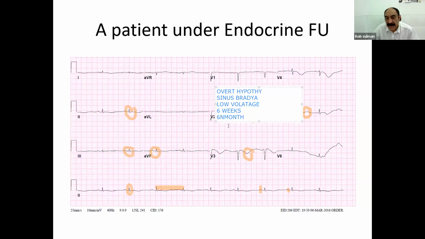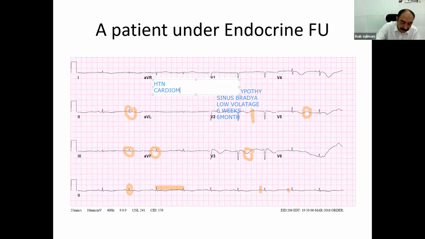So what are the cardiovascular problems with hypothyroidism? Hypothyroidism can cause hypertension, can cause cardiomyopathy. It can accelerate coronary artery disease, especially in the elderly people, and can cause heart failure, can cause bradycardia, and can cause pericardial effusion.